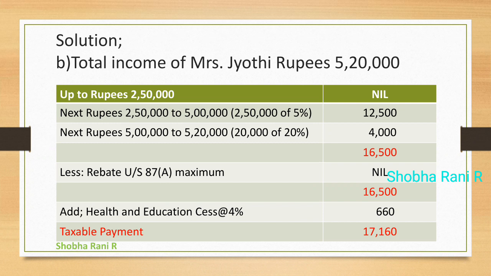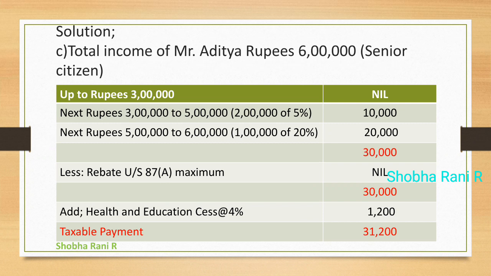We'll call this the gross tax liability. To this we have to add health and education cess at 4% on the gross tax liability, that is 16,500. It comes to 660 rupees. So the total net tax liability is 17,160.